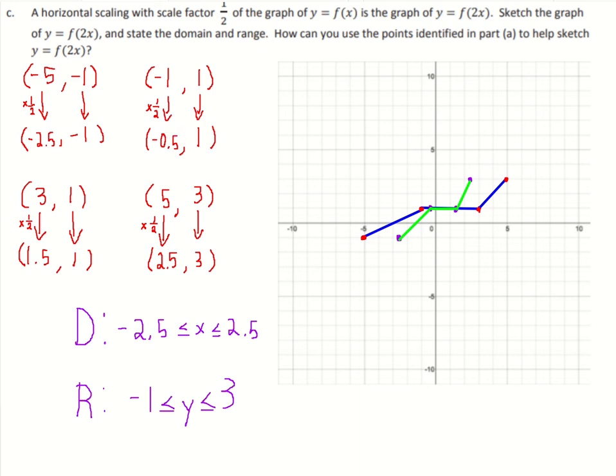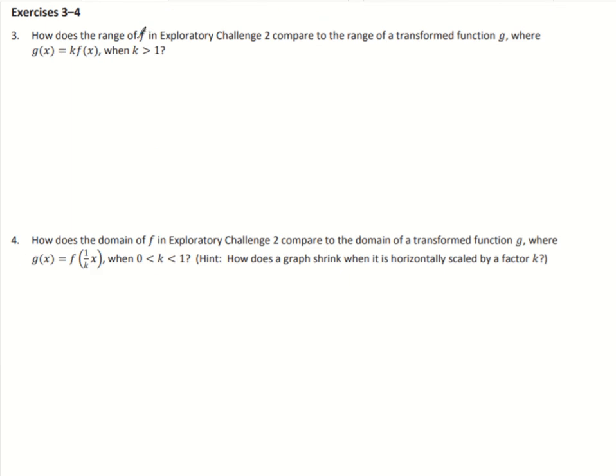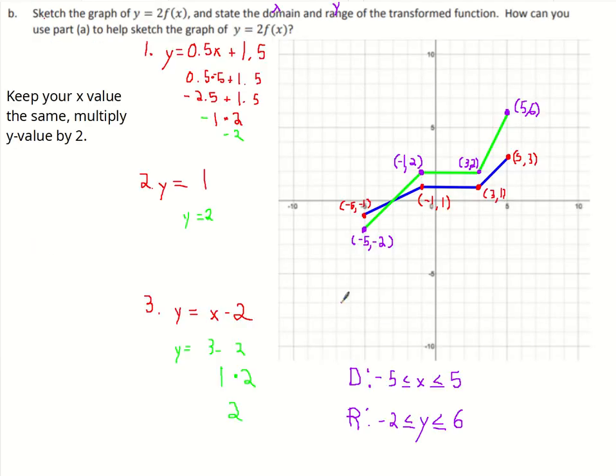And these are technically our answers for 3 and 4, our range in exploratory challenge 2. How does the range change when k was greater than 1? Well, our range got larger. We multiplied all of our y values by our scale factor.